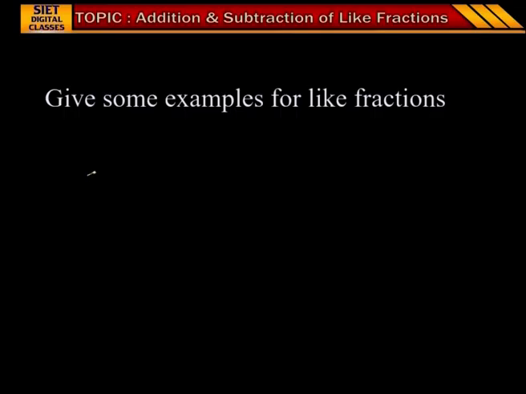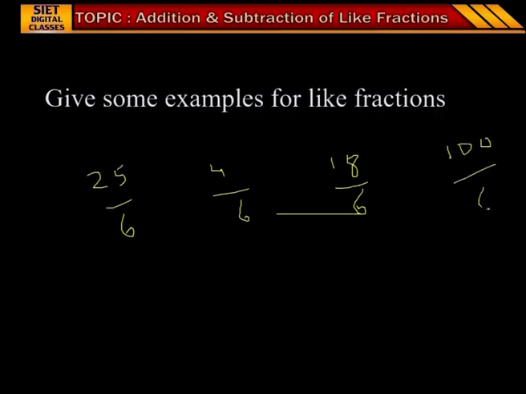Suppose 25 by 6. Give like fractions for 25 by 6. 4 by 6 is also a like fraction for this. 18 by 6 is also a like fraction for this, and 100 by 6 is also a like fraction. Why? Because the denominators are the same.